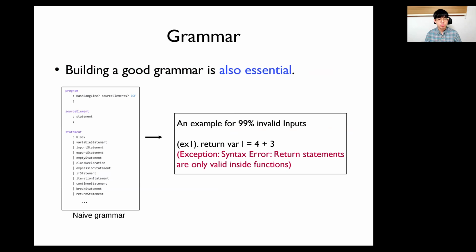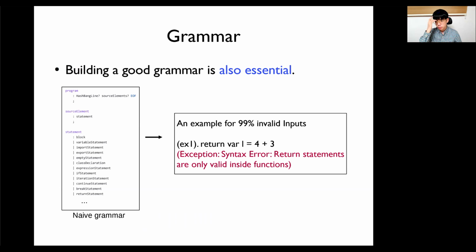Second, I also brought an example of an invalid input. This test case depicting return bar 1 equals to the 4 plus 3 is invalid because return statements are only valid inside functions. That is, a return statement that is not in a function is unnecessary input.